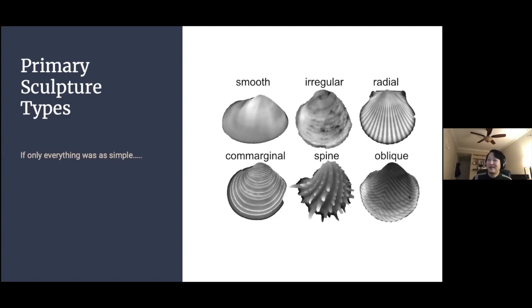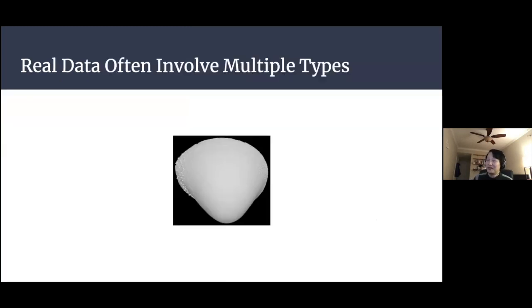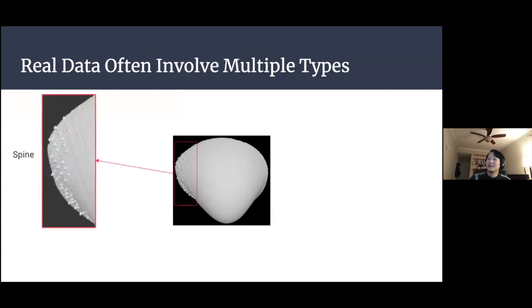But this is really the better part of the story. If only everything were as simple, the task would be so much easier. Instead, let's look at what the real data typically looks like. This is one shell. Just by spending maybe 10 or 15 seconds inspecting this shell, we can see various different patterns of sculpture already. If you zoom into the left part, you can see many very small spines showing up.